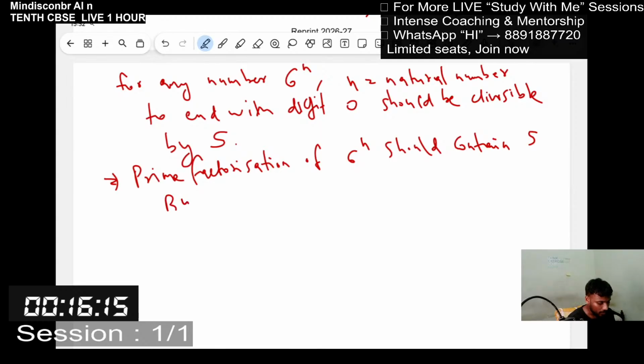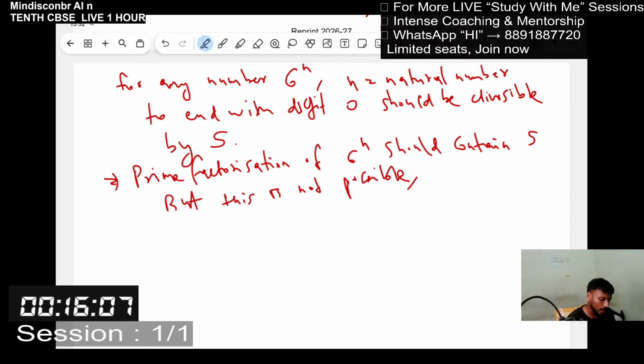But this is not possible, as 6 raised to n is equal to 2 into 3 the whole raised to n. The prime factorization of 6 raised to n does not contain 5.